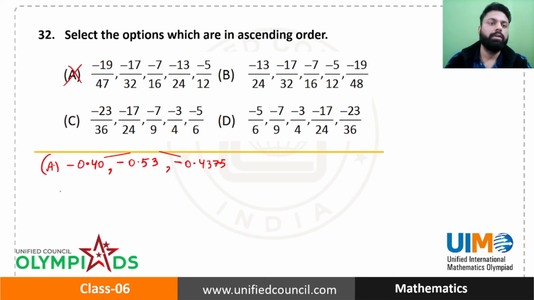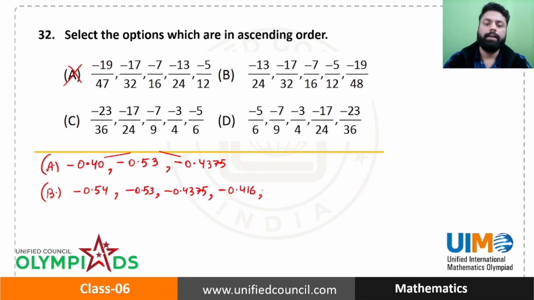B option. 13 upon 24 is minus 0.54. 17 upon 32 is minus 0.53. 7 upon 16 is minus 0.4375. Then 5 upon 12 is minus 0.416.